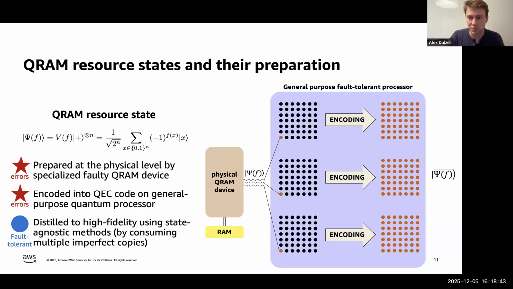So in the end, we can prepare these noisy encoded resource states without too much error, but we need the error to be much smaller, so we do this distillation process. But importantly, at this point, everything is encoded already, so the distillation process can be done fault-tolerantly using a fault-tolerant set of universal gates. So no additional errors occur in that process, and in fact, it's designed to correct the errors that have occurred in the previous processes.